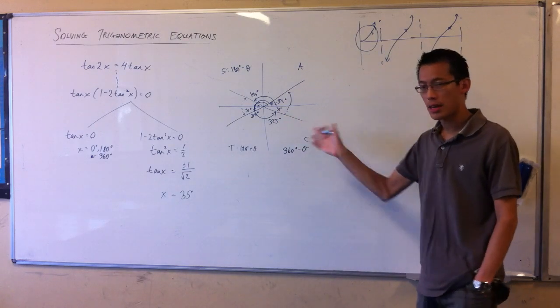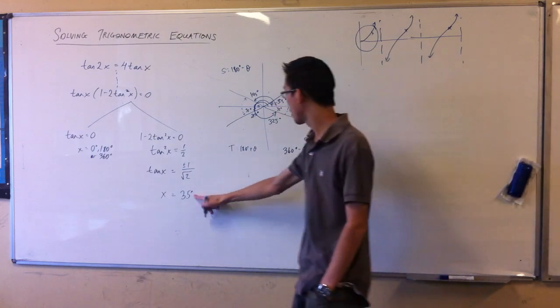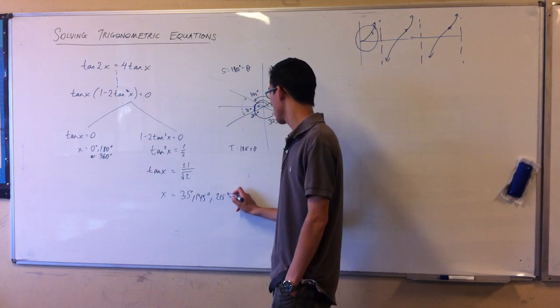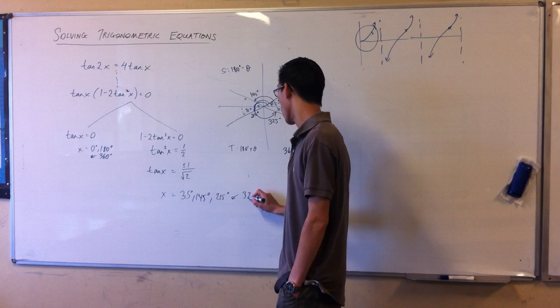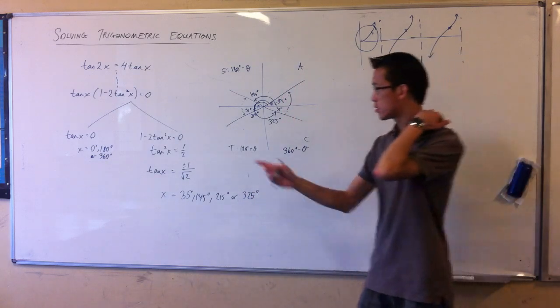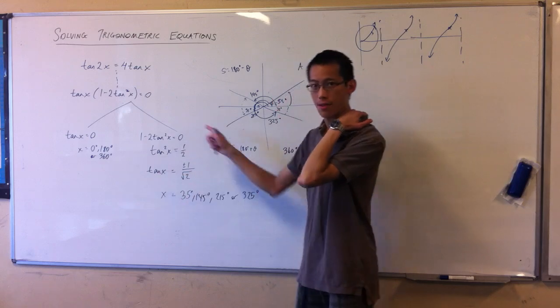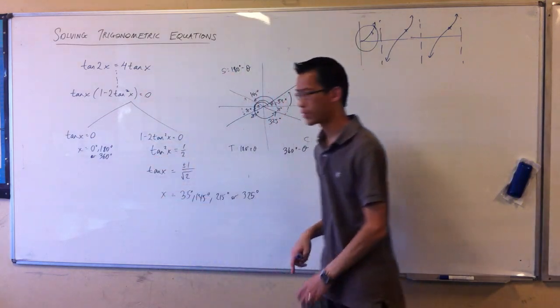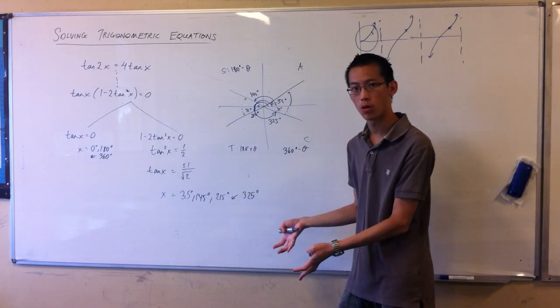Alright, so there's my 4 angles that I'm after: 35 degrees, 145, 215, or 325. Okay, so I got 4 solutions from this factor of the equation. I got 3 from over here. So to tie it all up, I need to write all 7 down.